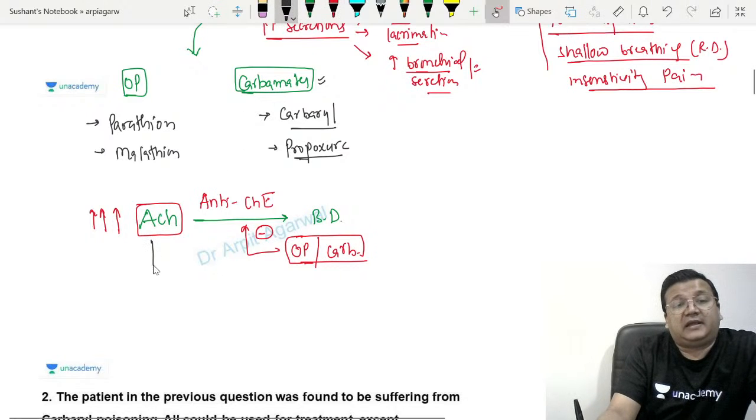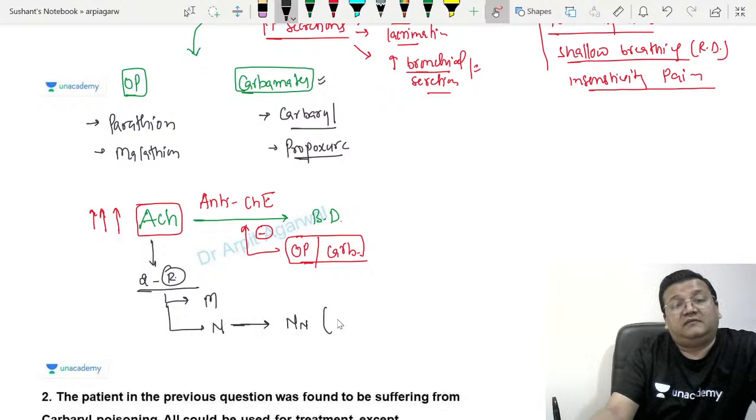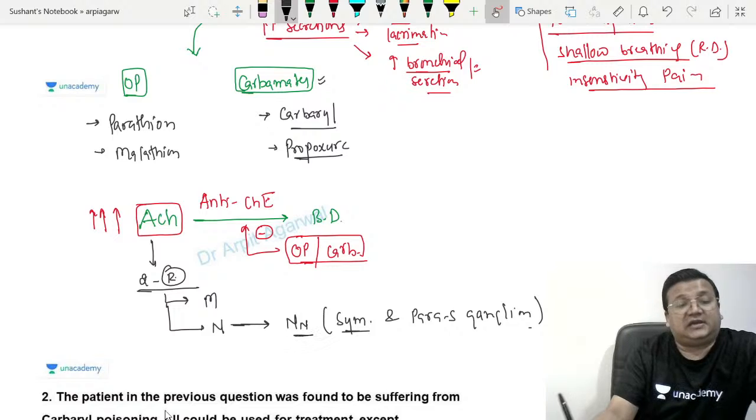Acetylcholine can act on two types of receptors: muscarinic and nicotinic. And one type of nicotinic receptor is NN, which is present on sympathetic and parasympathetic ganglia. So sympathetic ganglionic stimulation can occur via acetylcholine.